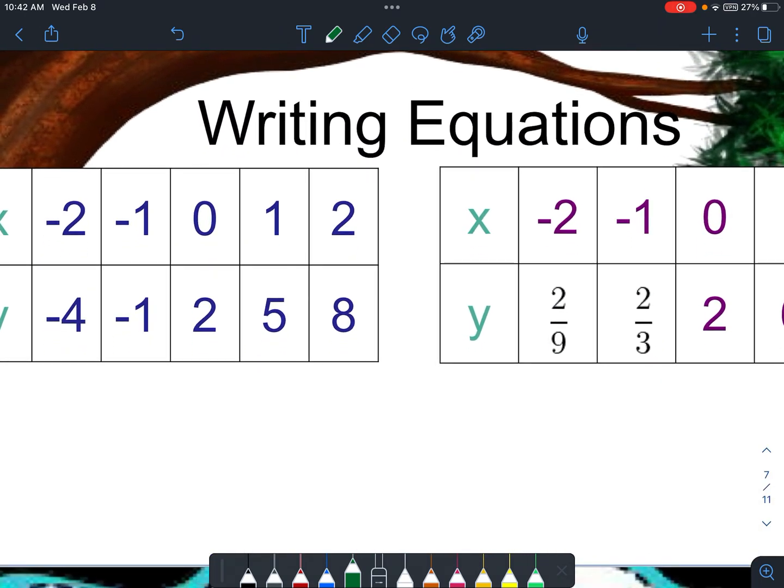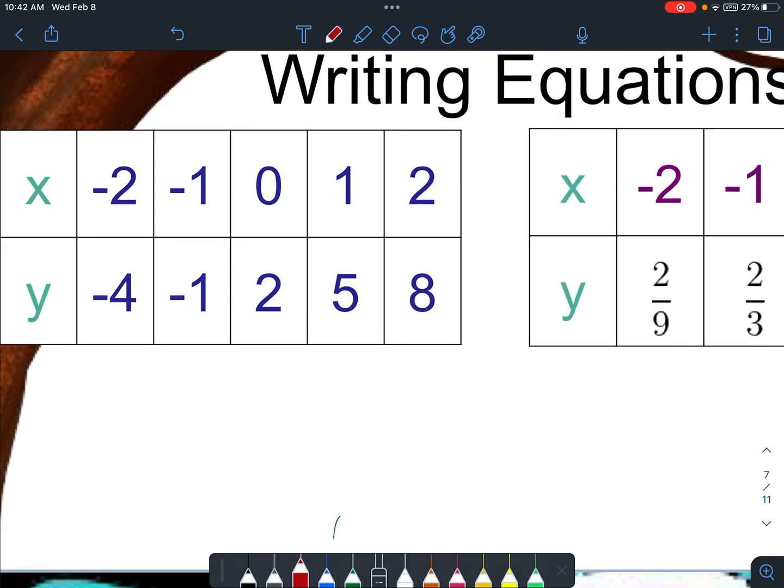This is the goal from the lesson: how do we write that into an equation? So we'll go back a little bit in time to first semester when we used tables to write linear functions, where we had to locate the slope and the y-intercept. So slope came from us finding the change in y over the change in x.